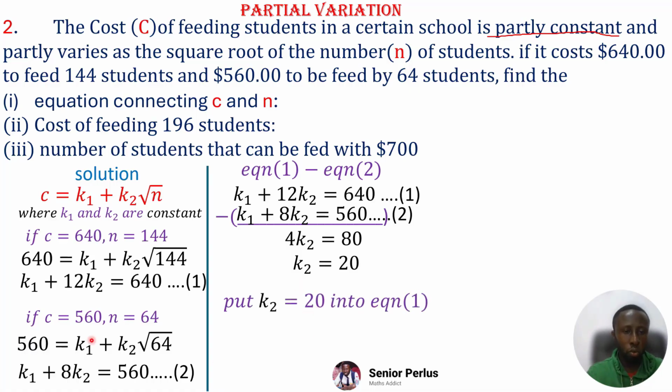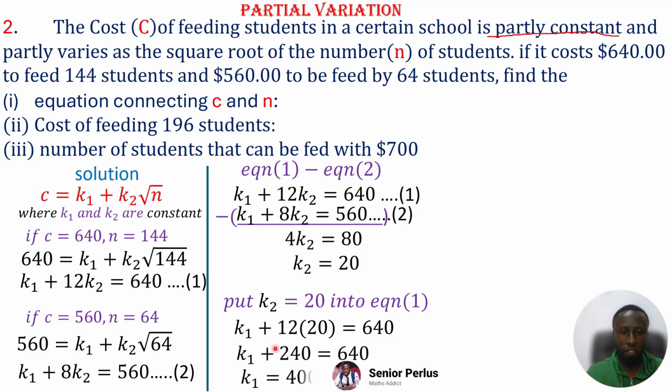Put k2 into one of the equations. I'll put it into equation 1 to make it simple. Now I know k2, I can find k1. So my k1 is 400. Very, very simple.